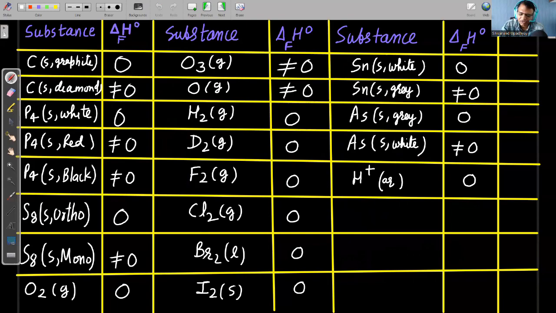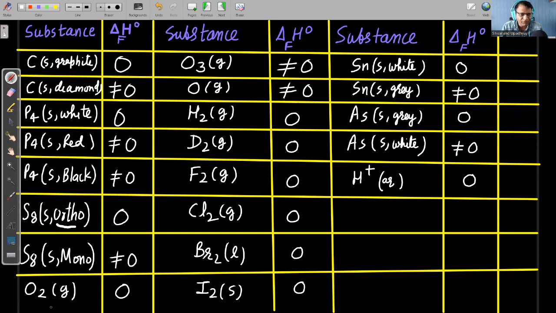Diamond is not the most stable state of aggregation, so it is non-zero. Phosphorus exists in 3 forms, but for white phosphorus, delta H naught formation is assumed to be 0, right? For red phosphorus and black phosphorus, it is non-zero. Sulfur exists in 2 forms. You should remember that for orthorhombic, delta H naught formation is assumed to be 0. Monoclinic, it is not equal to 0.